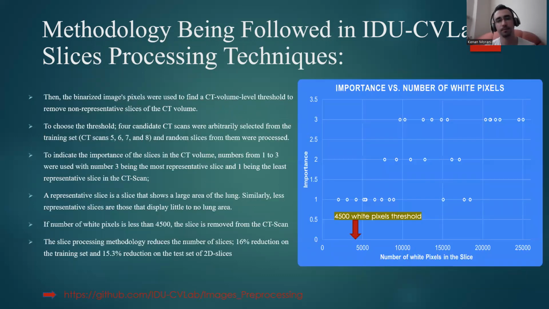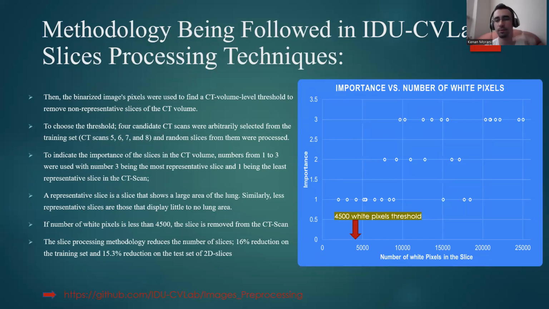How did I do that? The binarized images' pixels were used to find the CT volume level threshold to remove those slices. What basically happened is that I chose randomly 4 CT scans in the training set, CT scans 5, 6, 7, and 8. In this figure, you can see the number of white pixels in the slices left after binarization.